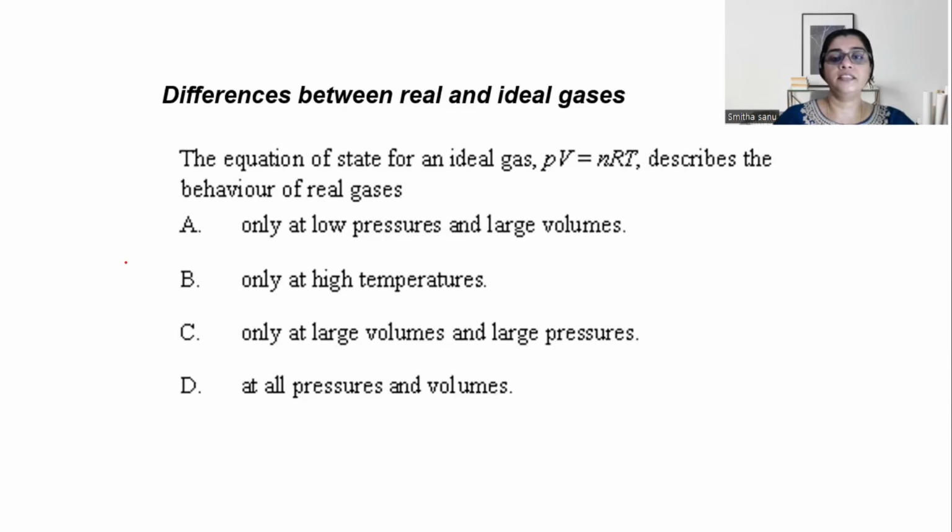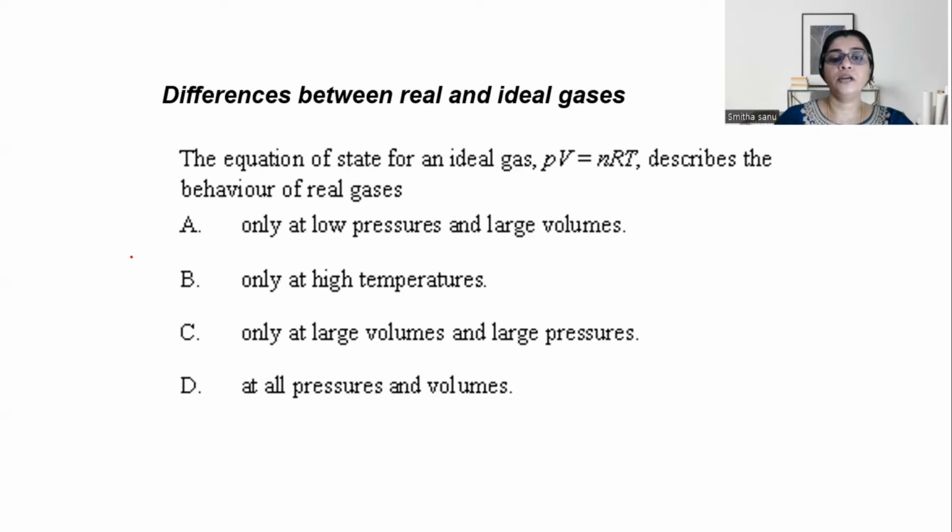You see here, the ideal gas equation PV equals nRT describes the behavior of an ideal gas. The equation of state given describes the behavior of a real gas. Which of the options describes the behavior of a real gas?